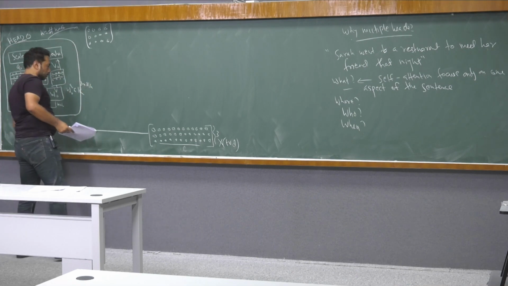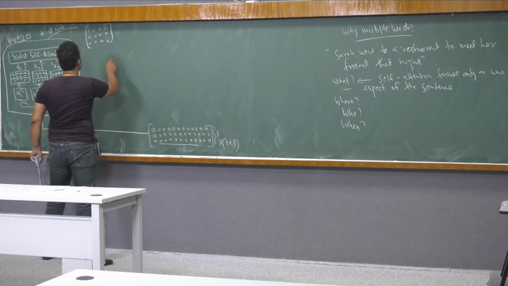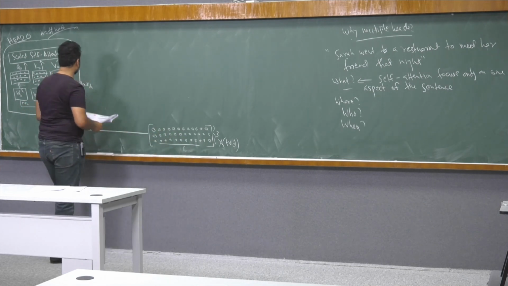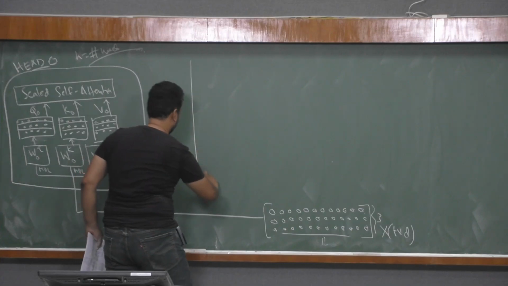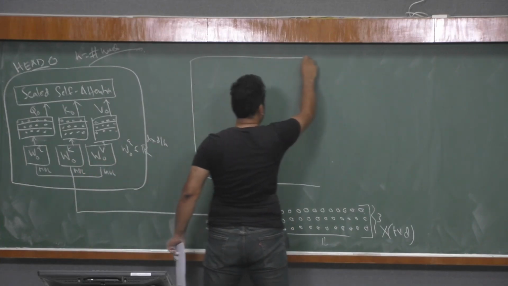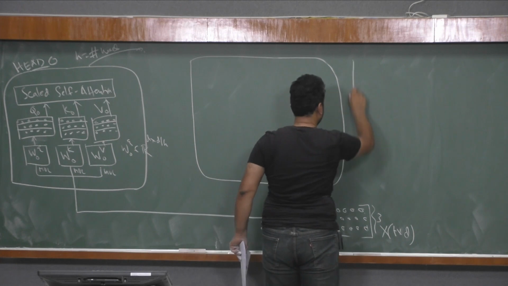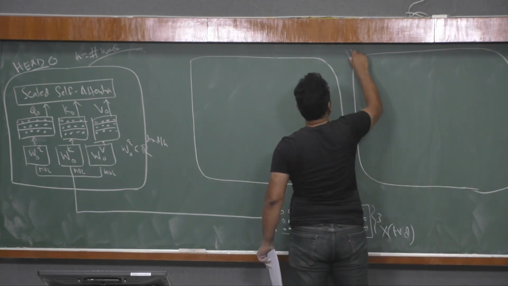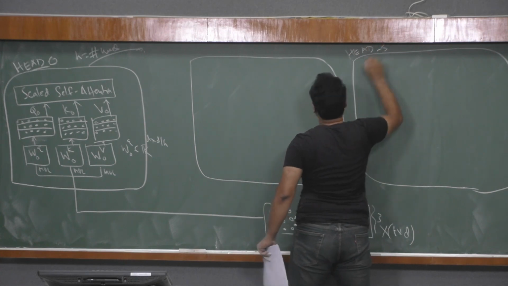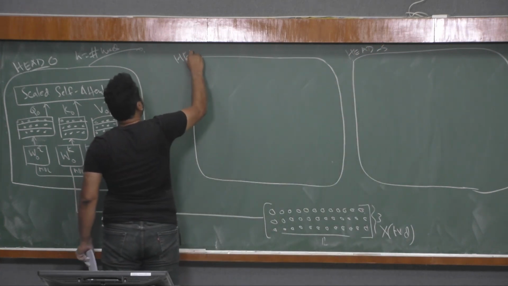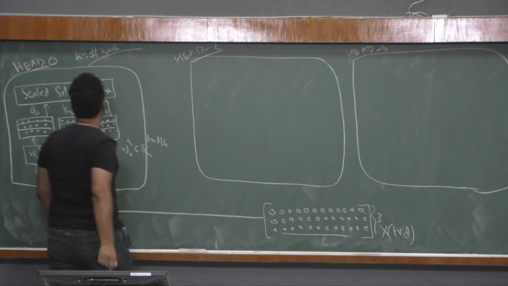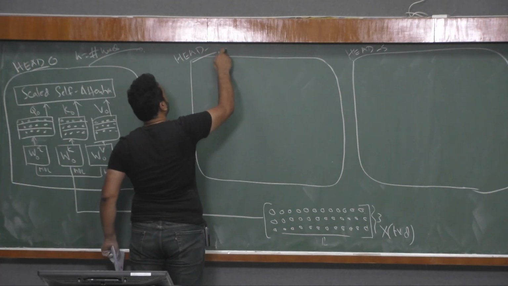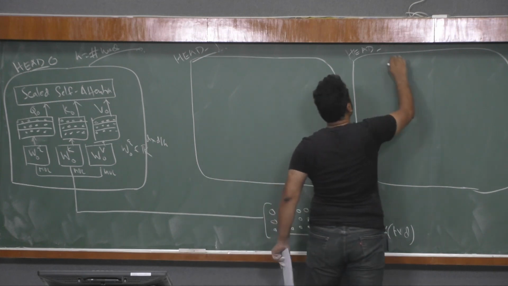If we have 3 heads, then one of the other heads will be somewhere here. Let us say I remove this for the moment, and the other head will be here, and the third head will be here. We are using indices starting from 0, so this is head 1, and this is head 2.